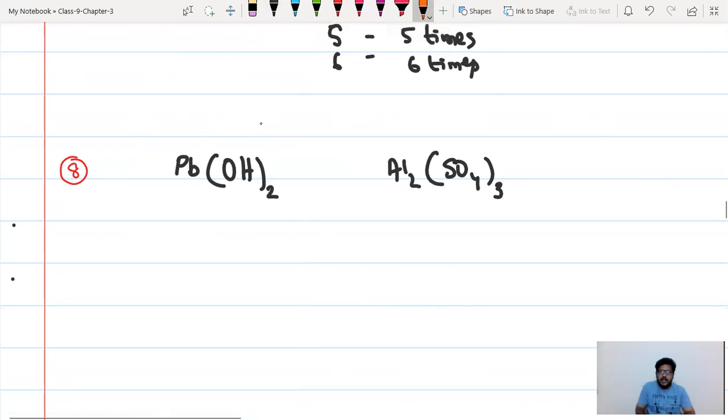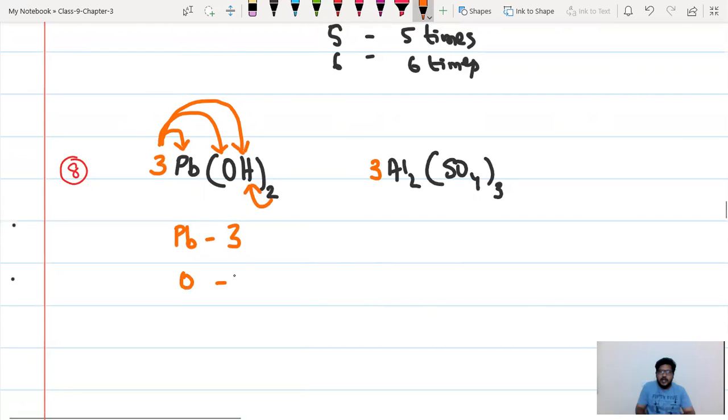Now if I place numbers like this, 3, 3. Now if you say Pb, how many Pbs? 3 should be given to Pb, right? 3. How many oxygens? This 3 which is present in front should be given to oxygen. At the same time that should be given to hydrogen. And this 2 should be given only for the hydrogen.